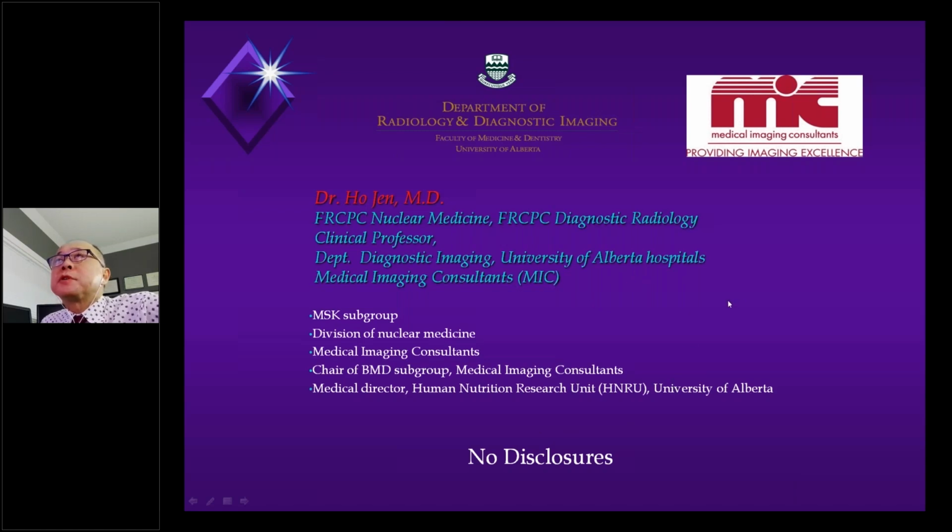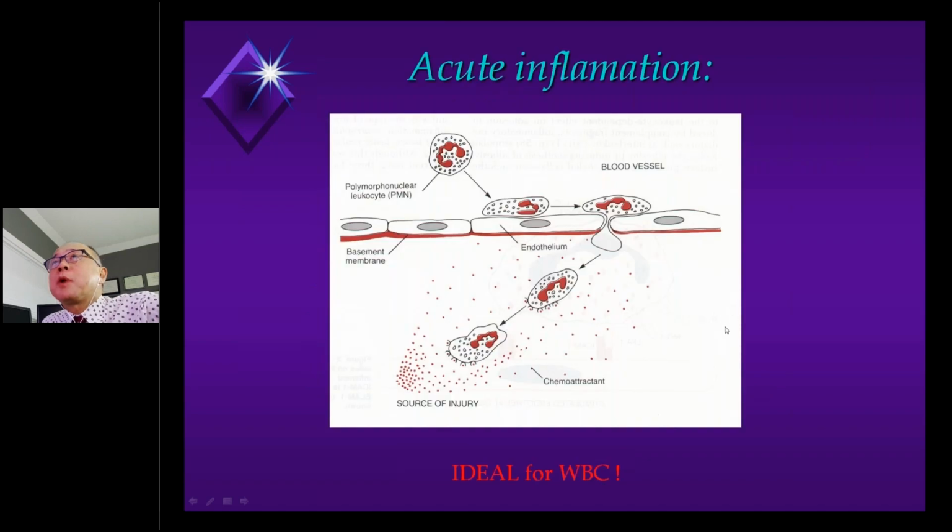So I have no disclosures. I promise I won't belabor the point. I simply want to point out that in an acute inflammatory infection environment, that environment is neutrophil rich. As we all know, it's full of activated neutrophils that continue to concentrate at the site of infection or inflammation. Of course, there is a source of injury itself or infection.